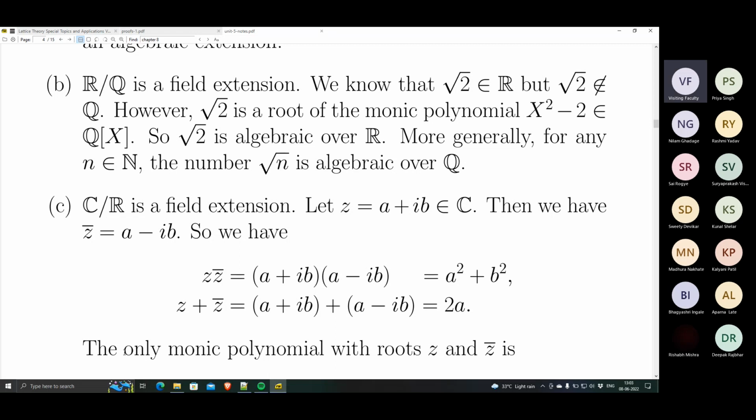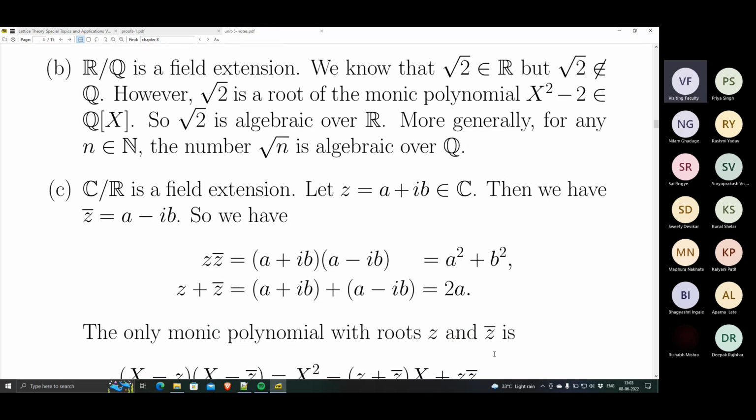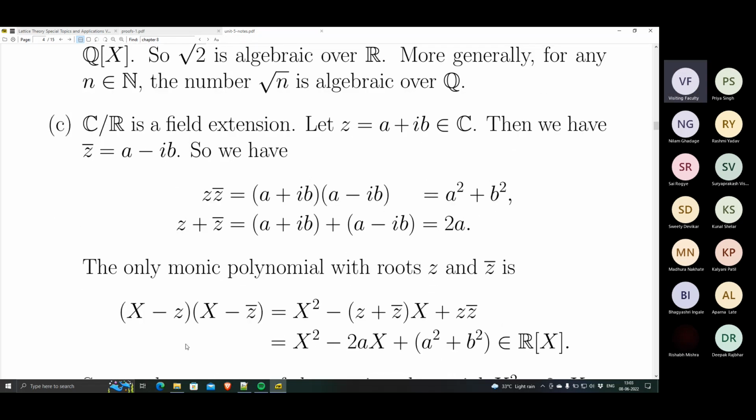Right? So the only monic polynomial with roots Z and Z bar is this: x minus Z into x minus Z bar. Correct? Both have to be roots. So you have to take both factors. But this, if you simplify, is x squared minus (Z plus Z bar) times x plus ZZ bar. Right?